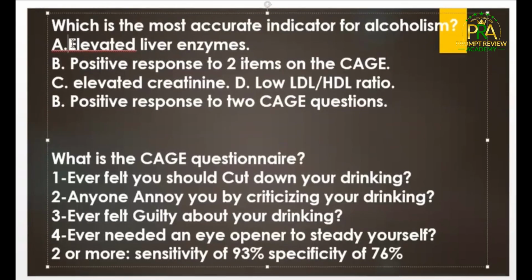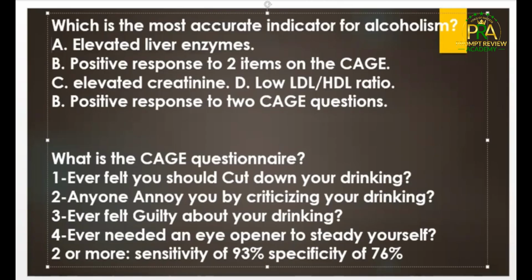Question like this, you need to know it. Which one is the most accurate? Is it elevated liver enzyme, or positive response to 2 items on the CAGE, or elevated creatinine, or low LDL, HDL, and ratio?